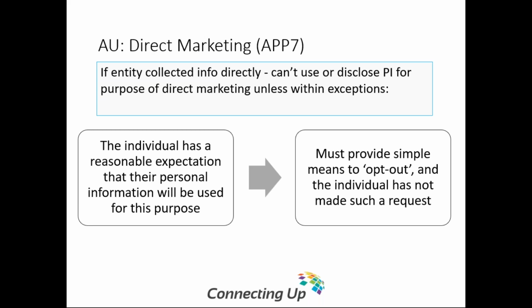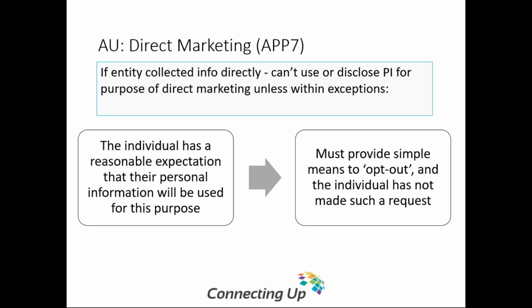You just look at APP7, and APP7 talks about direct marketing, and it differentiates between whether you've collected the information directly from the individual or whether you've got it indirectly or from a third party. The direct collection is probably pretty straightforward. It's where the information has been provided to you by an existing client, or somebody who signed up to a newsletter or other marketing interaction or some event that you've run, or somebody who has maybe previously donated to you.